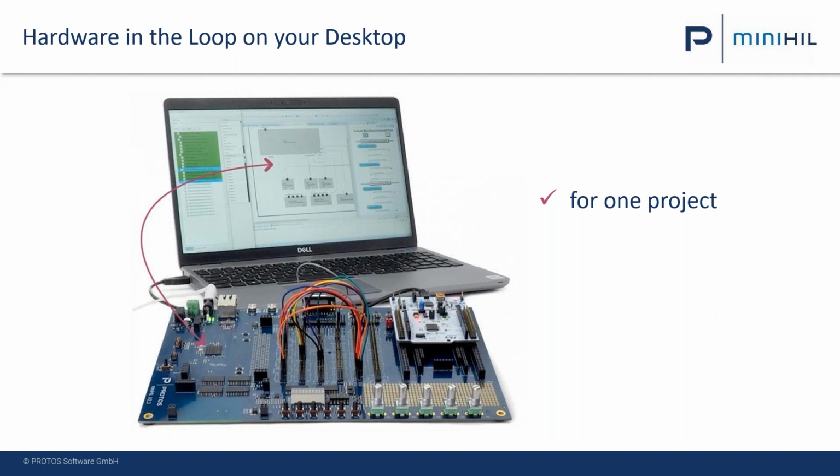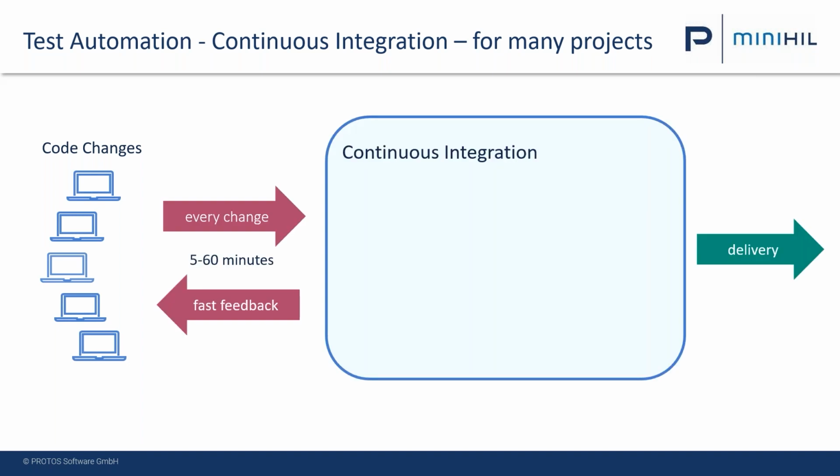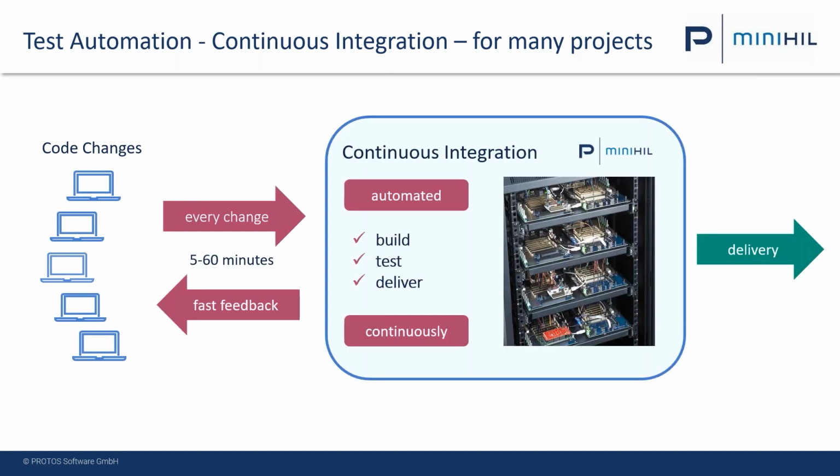But if you have bigger projects, more developers, or more than one project, at a certain point, it's very nice to have this test system running on a continuous integration server. It's also possible, so you can hook up the miniHIL to a continuous integration server, and then every code change triggers the continuous integration build, the test, and the delivery potentially.